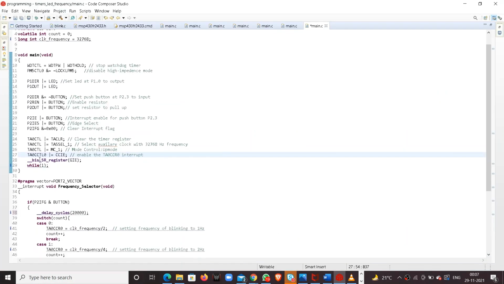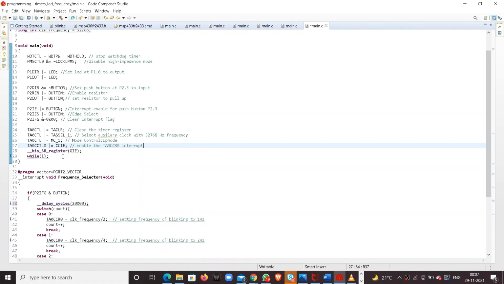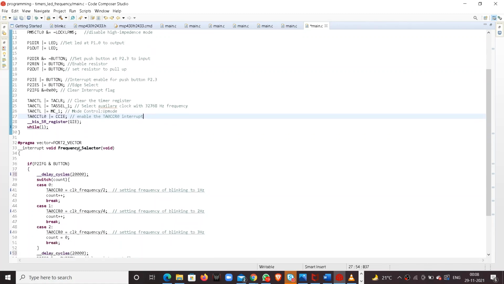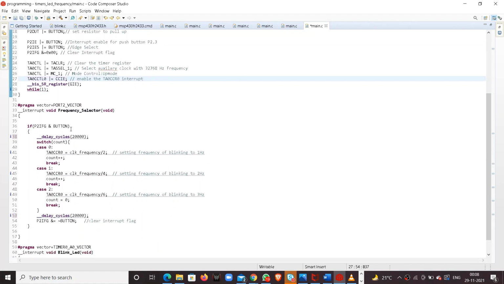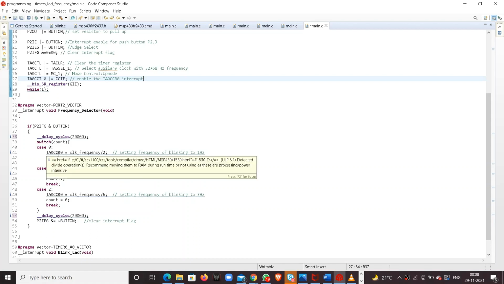After that, I have enabled the interrupt for TACCR0, and using this interrupt we can toggle the LED. Whenever we press the switch for the first time, it will enter the interrupt, and the count will initially be 0, and it will enter here, and the value of TACCR0 will be set to clock frequency by 2.